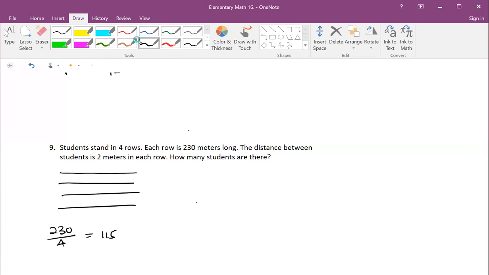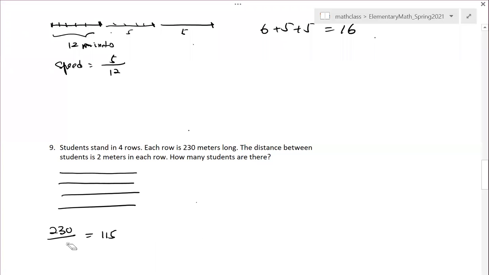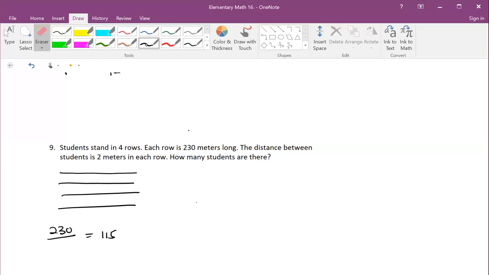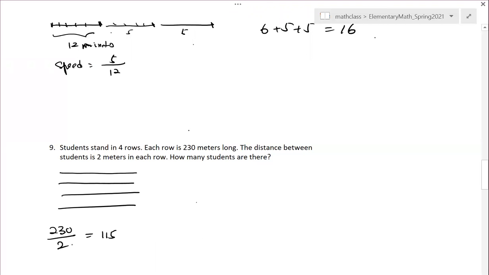I was thinking divided by 2. Right, each row is 230 meters long, and the distance between 2 students is 2. So you get the number of the sections, right? This is the number of the sections, okay?